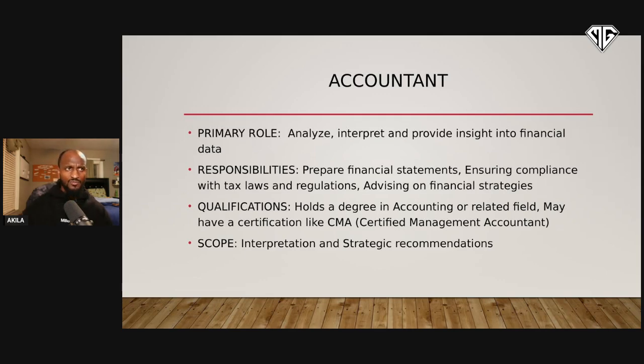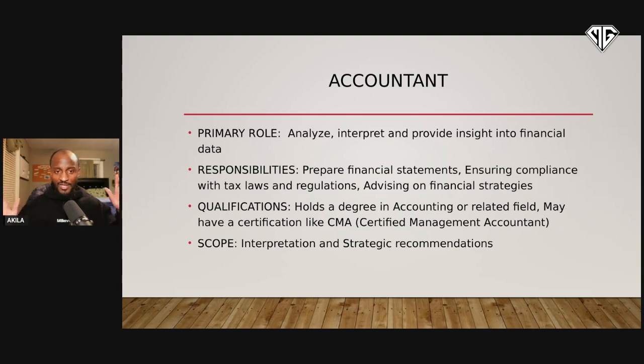So you might look at an accountant and a CPA as one and the same. When I show you the next slide, there's only a slight difference between a regular accountant and a CPA, even though I think they are roughly about the same thing.